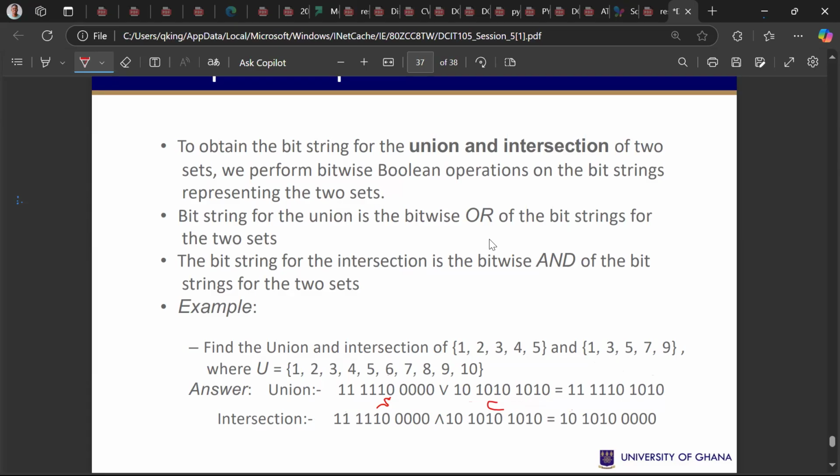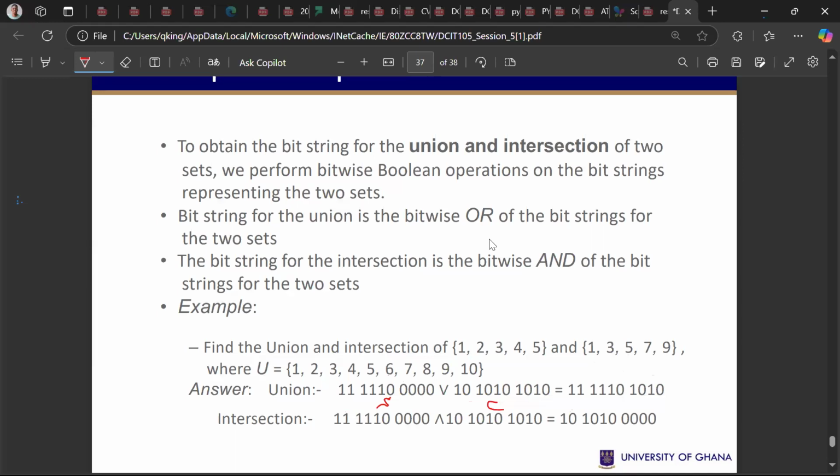For the union and intersection, we can have 1, 2, 3, 4 and 1, 3, 5, 7, 9, where U becomes 1, 2, 3 up to 10. The answer for the union is 1, 1, 1, 0, 0, and so on.